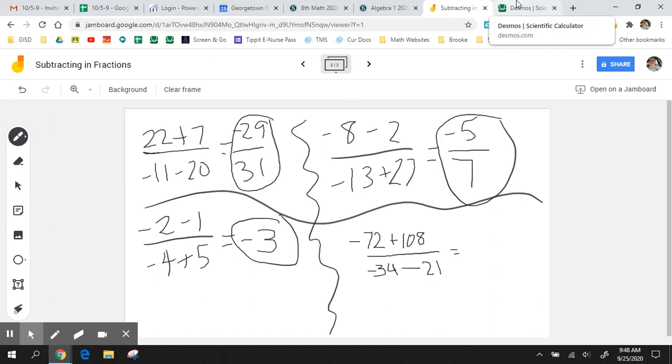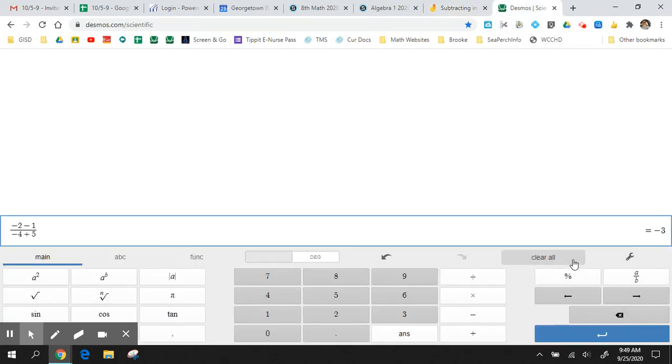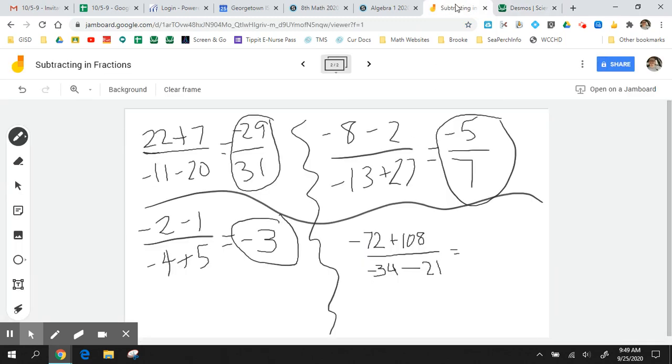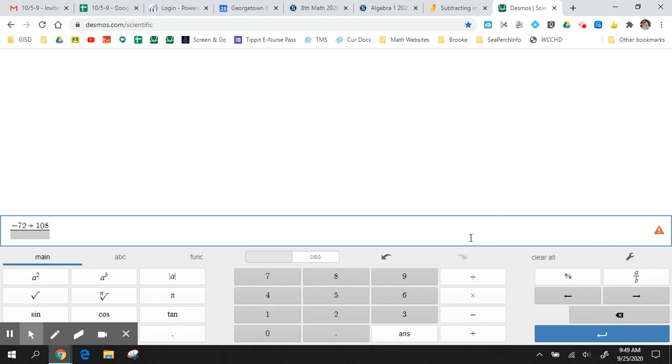Let's see. Negative 72 plus 108. And on the denominator, the bottom part of our fraction, negative 34 minus 21. We have a crazy decimal, negative 0.654545.